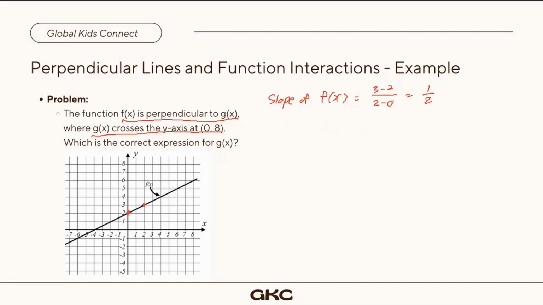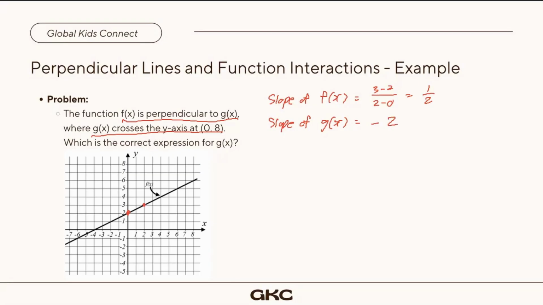If we know this, then we can also know the slope of g of x, which the problem says is perpendicular. Therefore, you can either use the product equaling -1 or find the negative reciprocal of our first slope. Negative means the opposite sign, and reciprocal means flipping the fraction, giving 2.